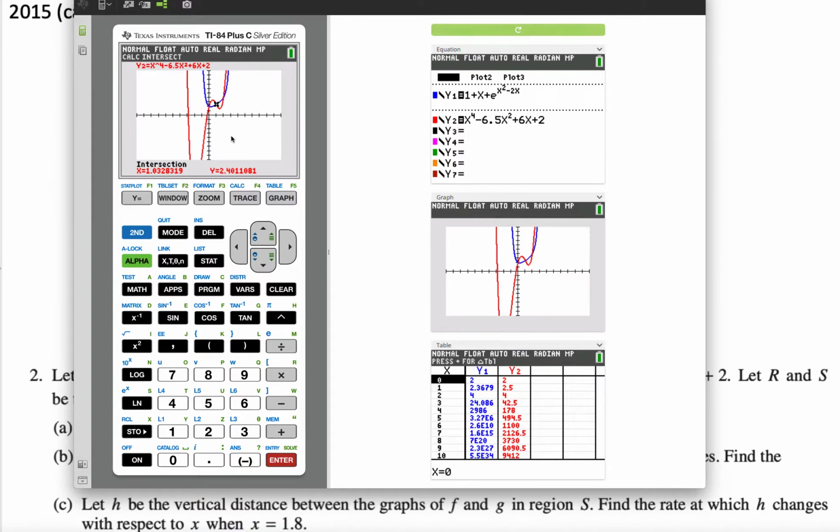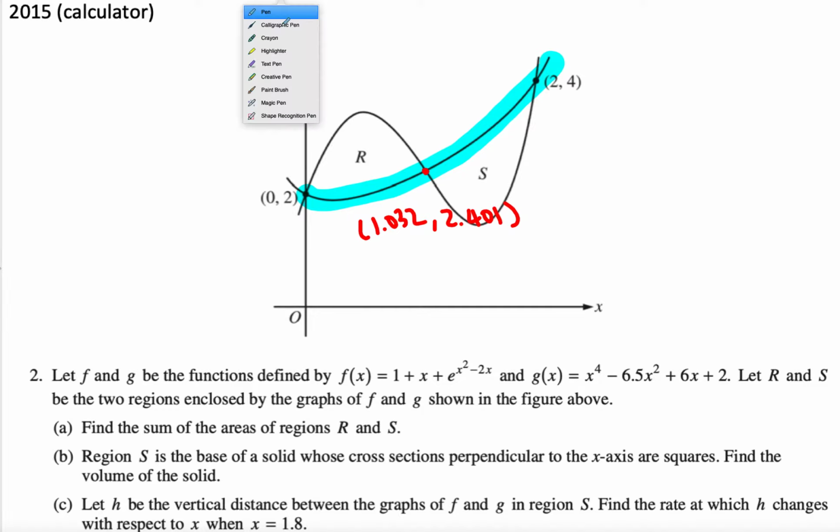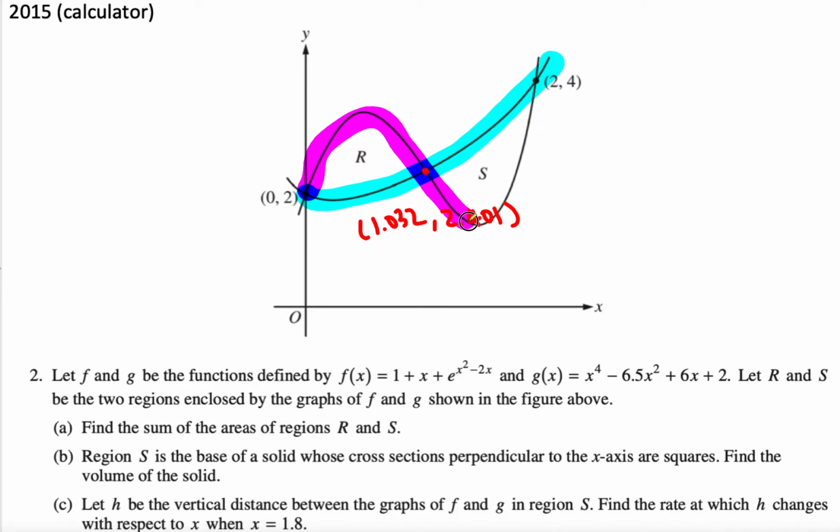So then, based upon this one, I get to realize that 1.032 and then 2.401. All right, so then in this case, that was my second curve, which is this one. F of x was this one.